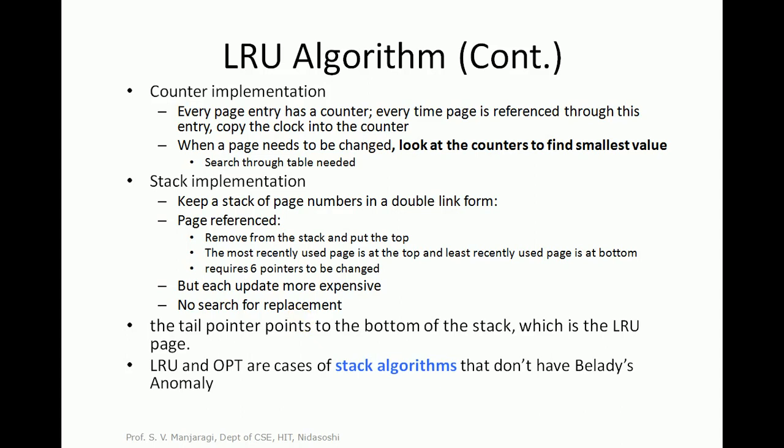The bottommost page we need to replace, no searching is required. There is already a tail pointer pointing to the bottom of the stack, and the bottommost page can be directly accessed. It is very simple to implement.